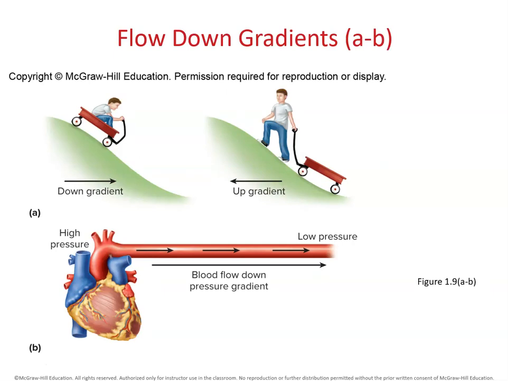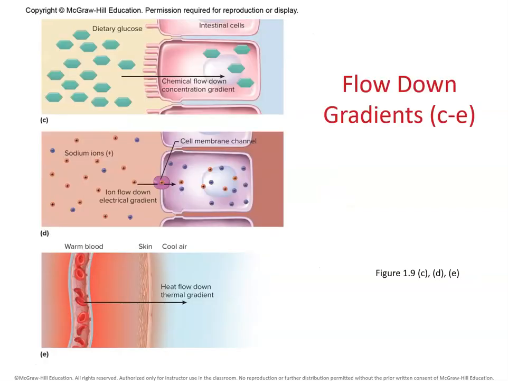In general, things flow down a gradient without the use of any energy and have to be pushed up a gradient using energy. So in the example of our heart here, we have energy input at the heart, and then the pressure in the arteries and then the veins returning flows down. And we can see this on a much smaller scale too.